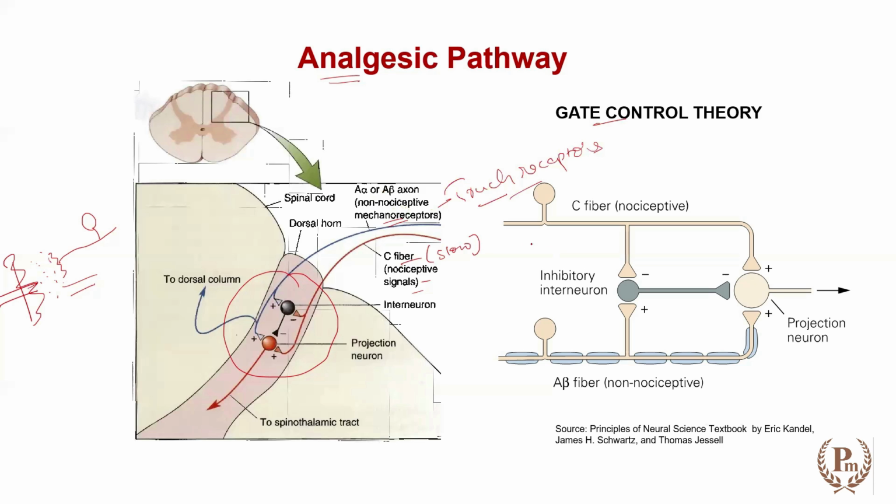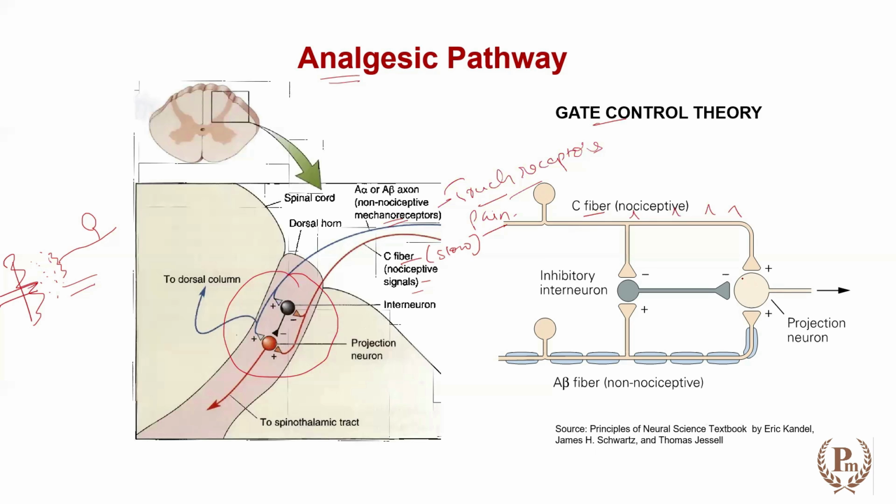So let us now go on. If there is a pain, here is the pain. The pain has stimulated my nociceptors, and the nociceptors are innervated by the C fibers. So the C fiber is now carrying the action potential of pain. That goes to the substantia gelatinosa, where it has to give the second order neuron.